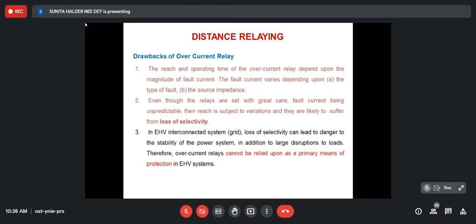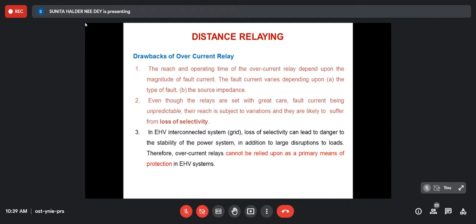But in the case of equipment like a transformer or generator, if there is any winding fault in a generator, then we may use an overcurrent relay, or we may use a differential relay. We use the differential relay because it is more advantageous than the overcurrent relay. Otherwise we may use the overcurrent relay, because in both cases the current will go beyond the rated value.